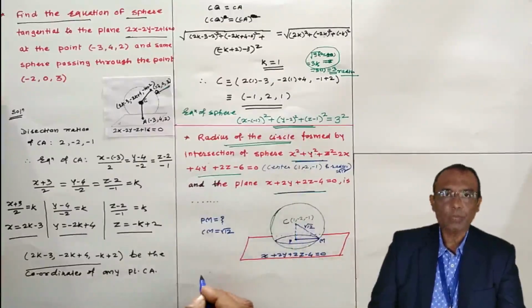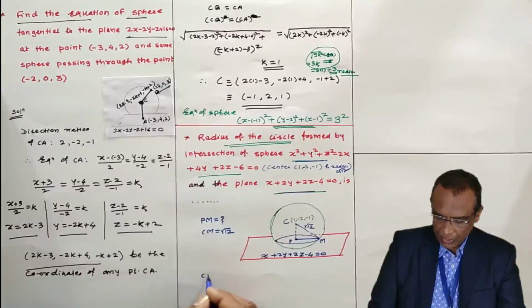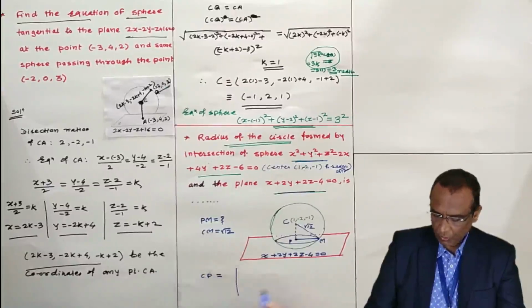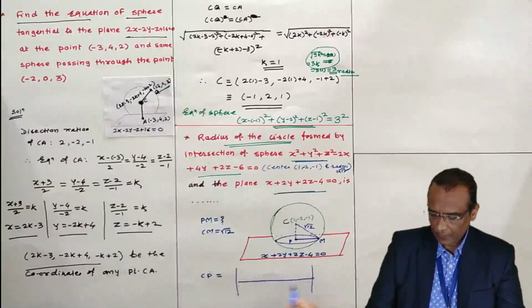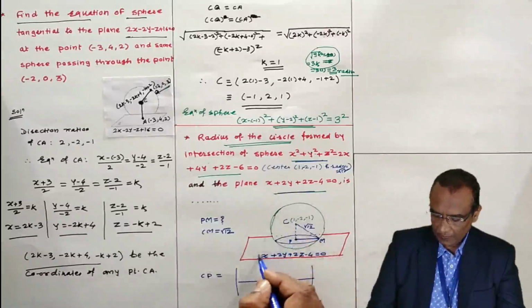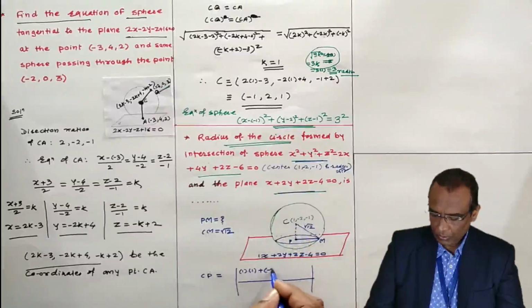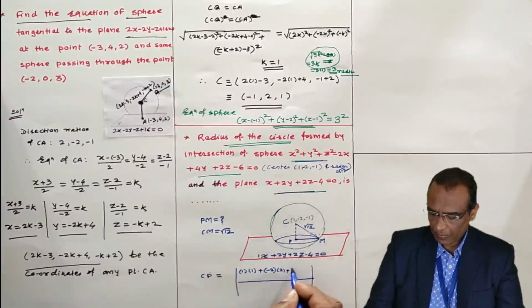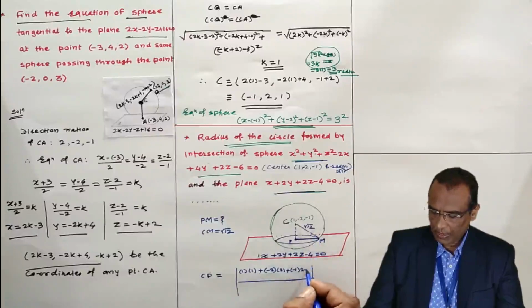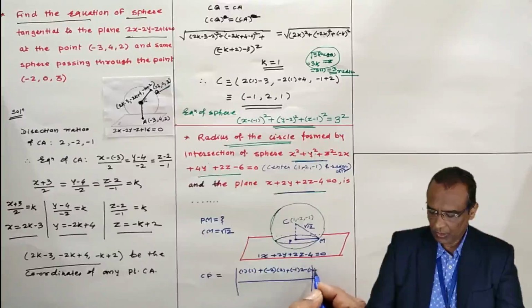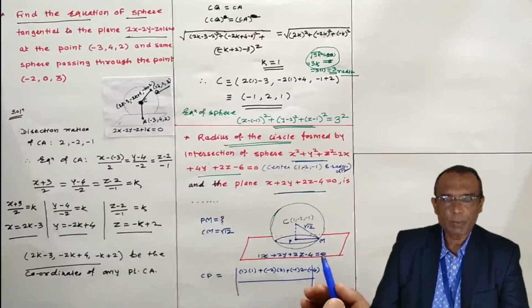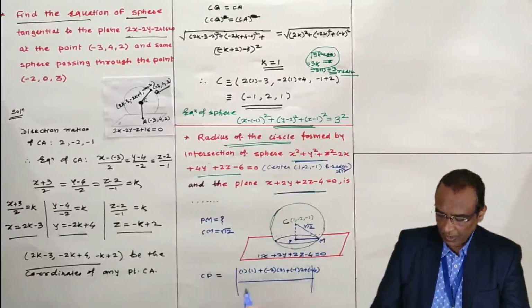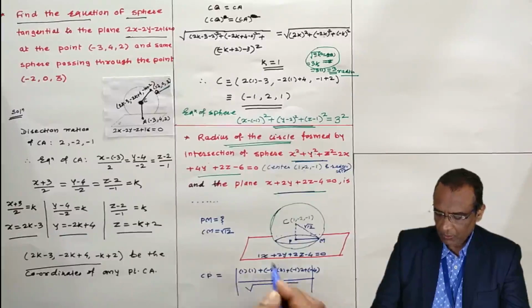We use the perpendicular distance formula, which we use many times: the absolute value of ax1 plus by1 plus cz1 plus d, divided by the square root of a square plus b square plus c square.